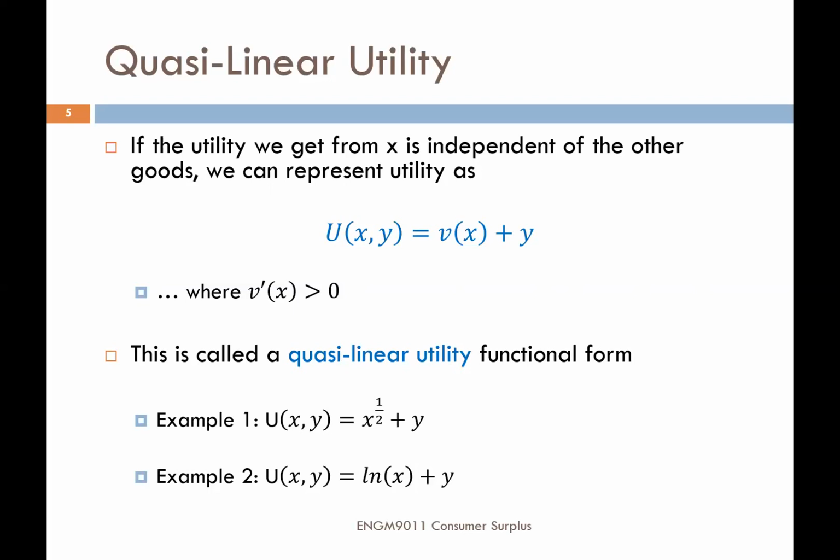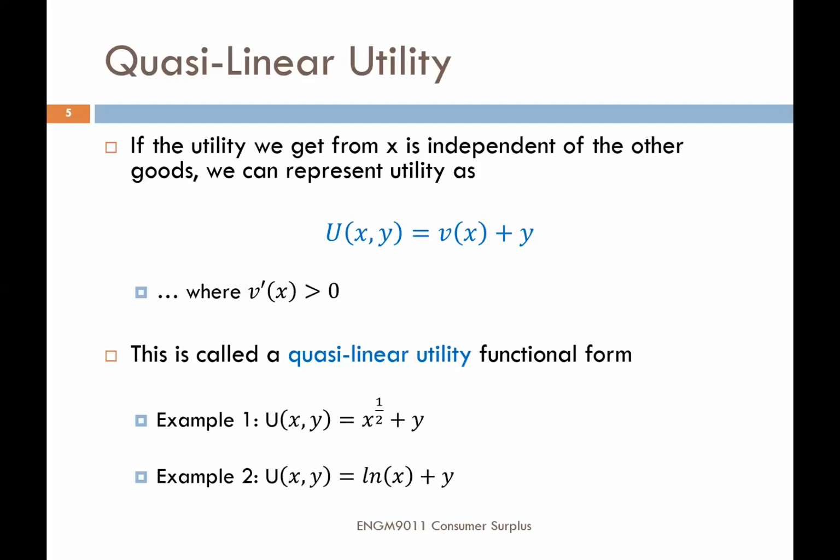So if that's the case, then we can separate out utility from X and utility from Y. The first term in the utility function of the bundle XY is just the utility from good X, which we call V of X, where the derivative is positive, so more X is preferred to less X. In the second term, we have the utility from Y, but we're just going to define it to be Y. Remember, the actual utility number we give doesn't really matter, because we can always add, subtract, multiply or square that utility and still represent people's preferences.